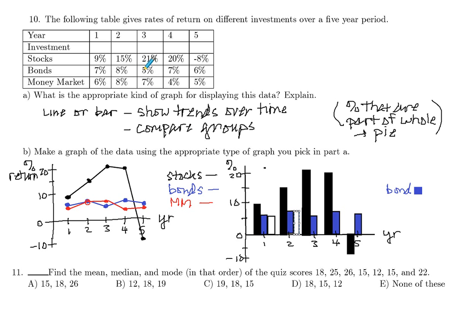And then 7%, a little bit higher than that 5. And then 4%, lower than this 7. About right there. And then the last one, 5%.